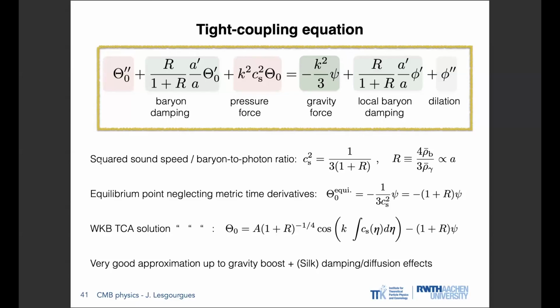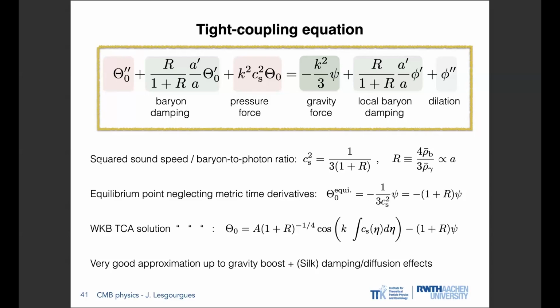So the argument of the cosine is k times the integral of c_s, which is a function of time, over d eta. And I can write this as 2 pi times the integral of c_s d eta divided by 2 pi over k. And this is very illuminating because here I have the integral over the sound speed. This is the sound horizon.